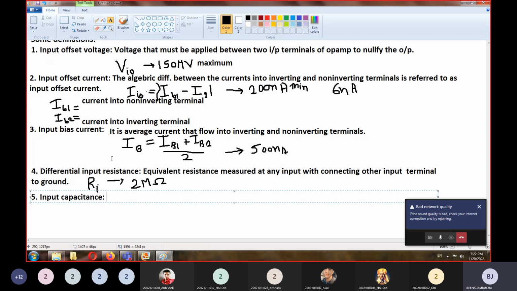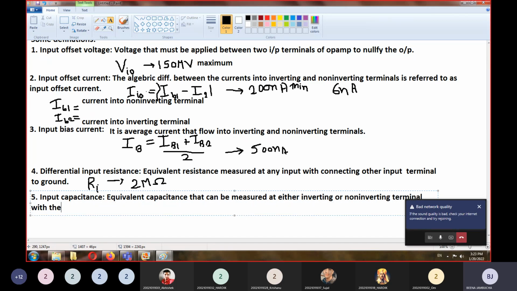It is the equivalent capacitance that can be measured at the inverting or non-inverting terminal with the other terminal connected to ground. तो जैसे हम रेजिस्टर मेजर करते हैं, सेम वे हमें कैपेसिटेंस मेजर करना है, right?